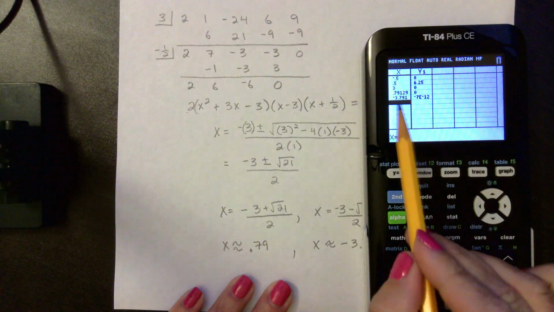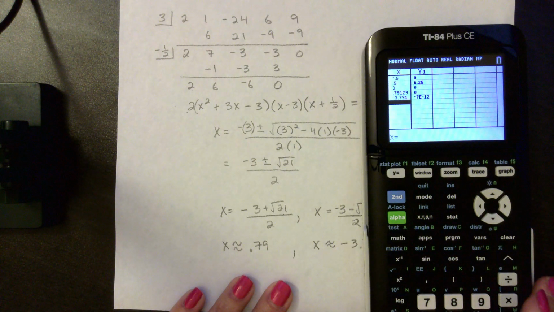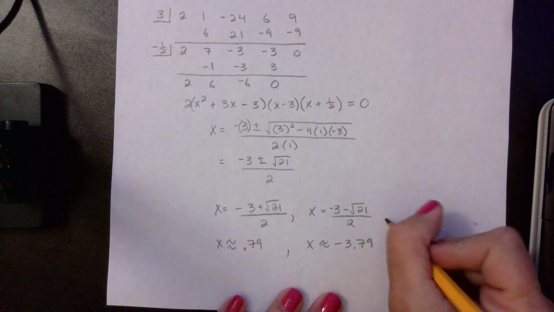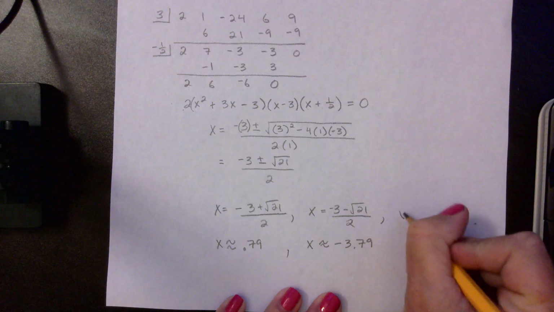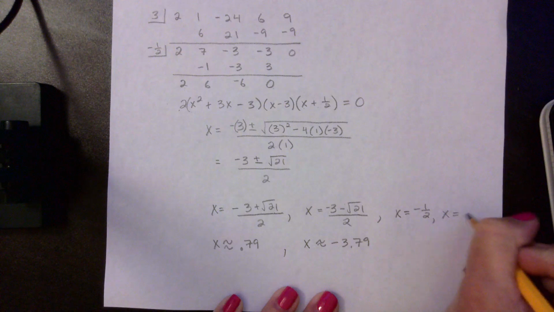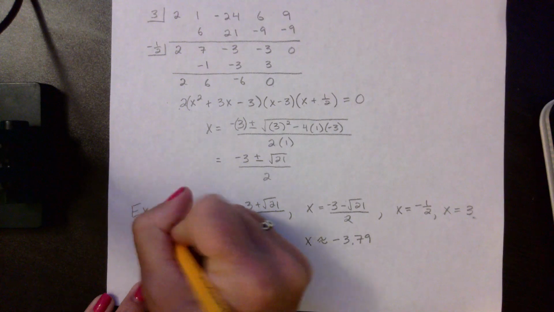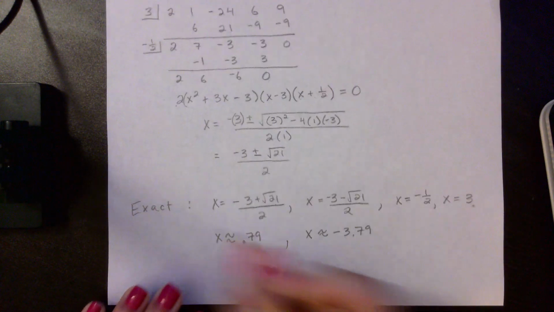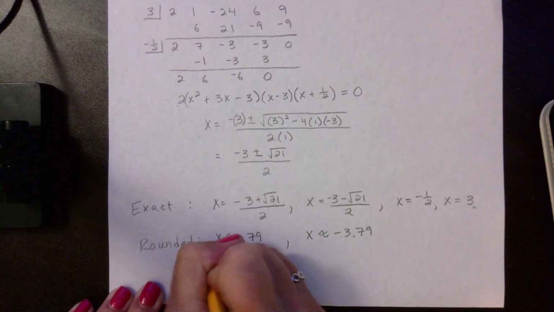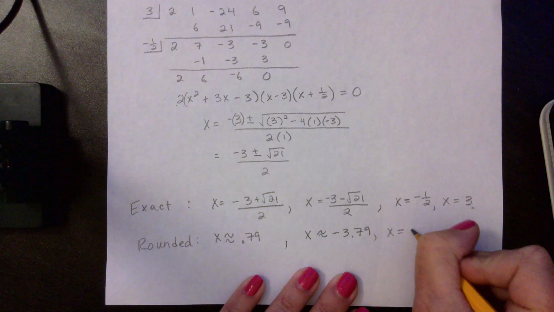Again, I'm getting that approximation from right here, saving myself a step of writing it out somewhere else in the calculator. And then my rational solutions were x equals negative 1/2 and x equals 3. So here are my exact values, and here are my rounded. You could put this as a decimal, for consistency.